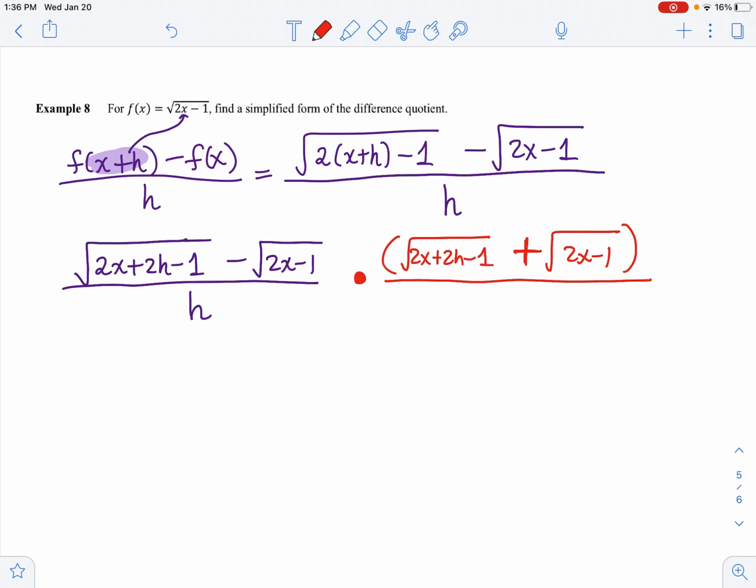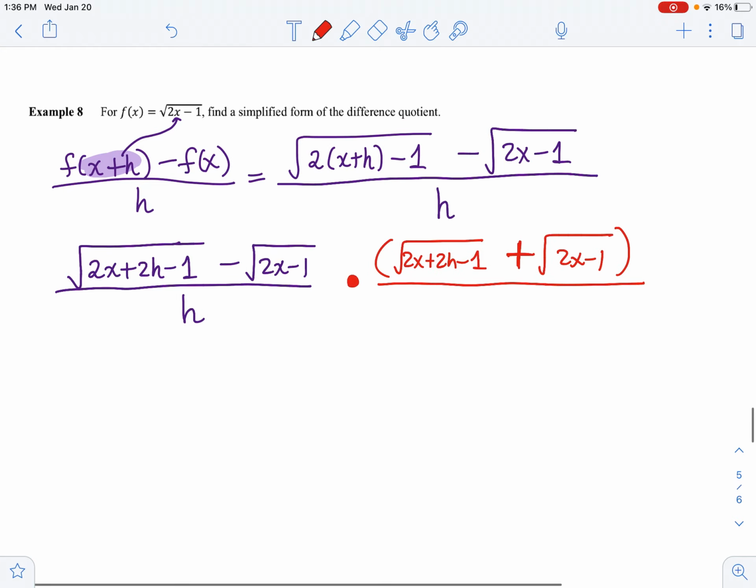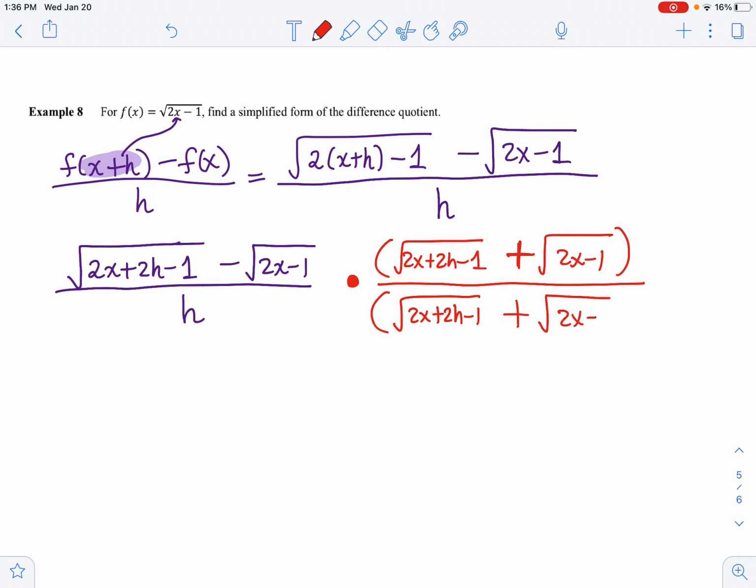This is a conjugate for the original numerator. But if you're multiplying that to the numerator, you need to multiply the same thing to the denominator. So you just write it exactly the same, a copy of it, okay?